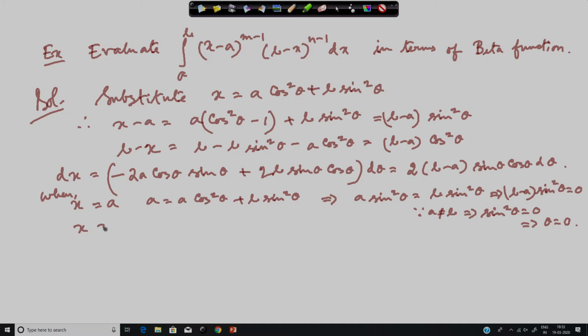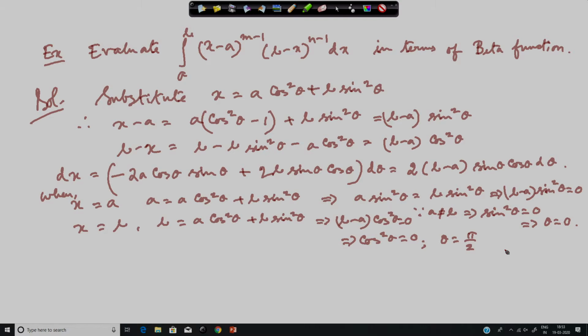Similarly, when x equal to b, we shall get b equal to a cos square theta plus b sin square theta, and so now we get (b minus a) cos square theta equal to 0. So, this implies cos square theta equal to 0 and we take theta equal to pi by 2, since b not equal to a.